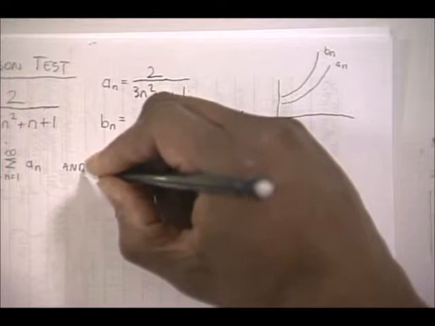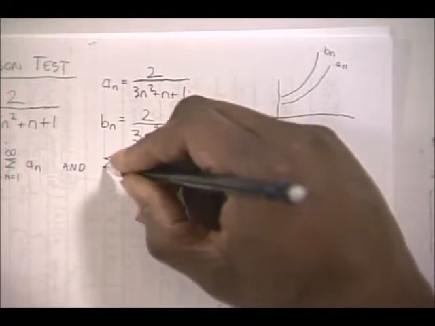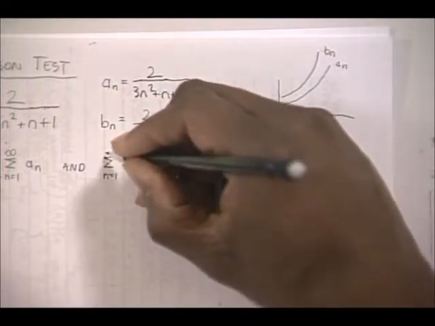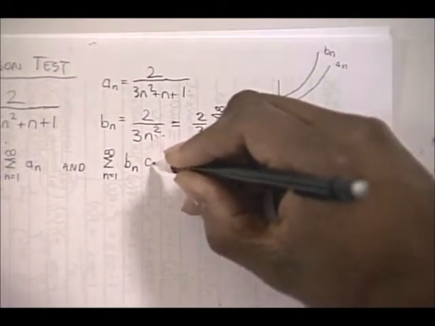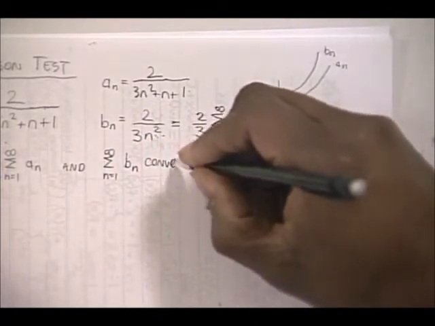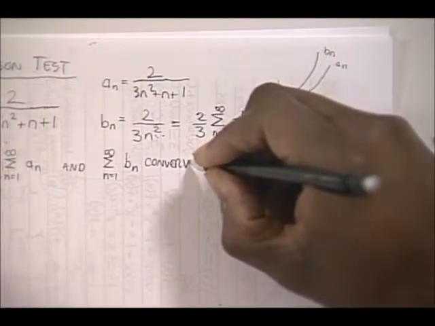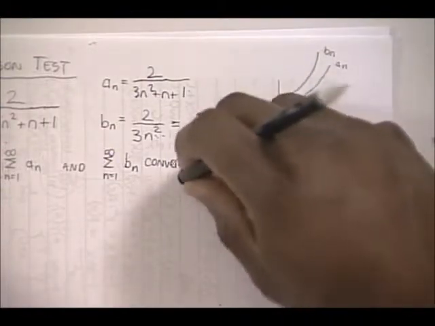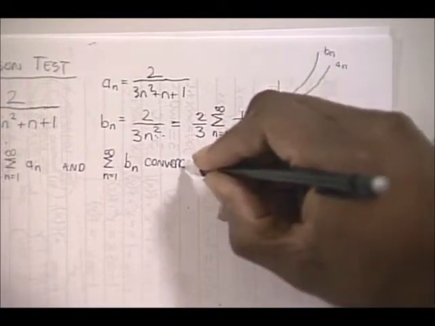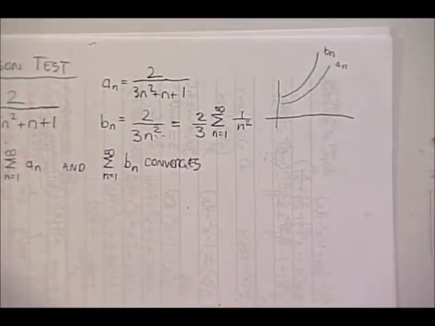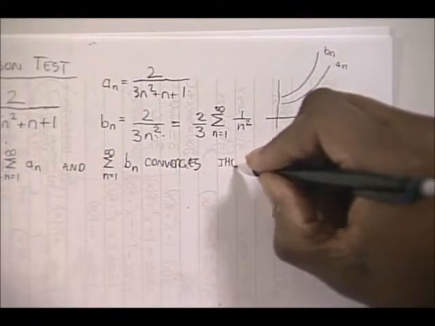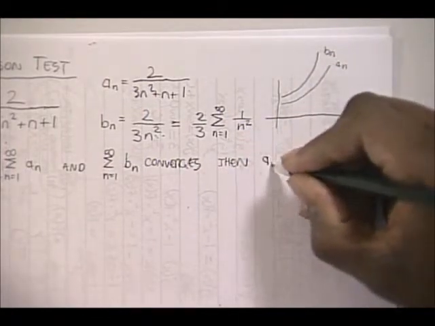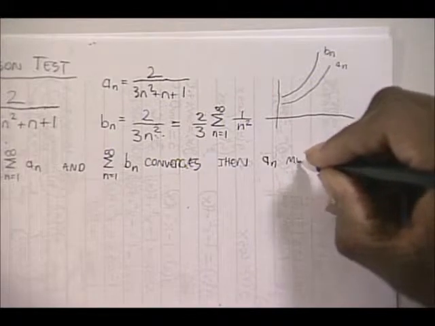And you also know that the summation n goes from 1 to infinity of B sub n converges, because it's a P series. Well, if B sub n converges, then you can say that A sub n must converge.